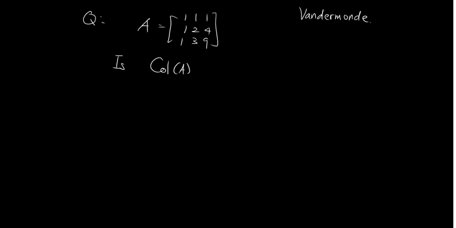So A is equal to, this is called the Vandermonde matrix. It happens in some of the high school lectures, but I guess it is not part of the lesson. Anyway, the Vandermonde matrix. Okay, so is the column space of A equal to R3?